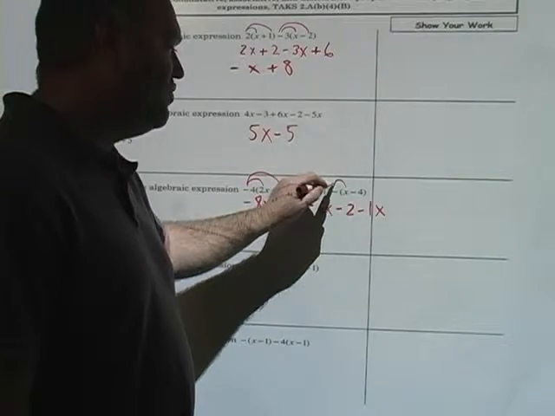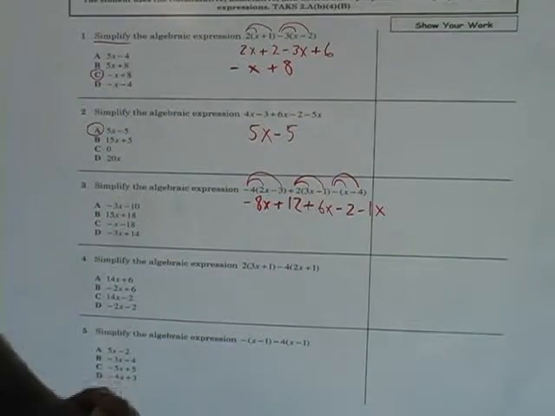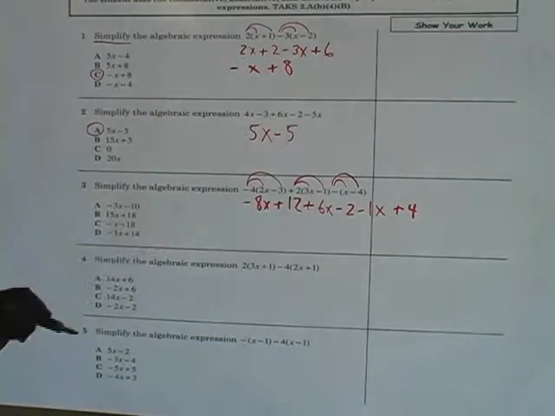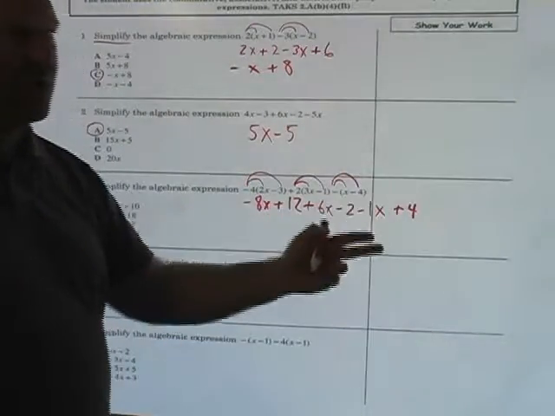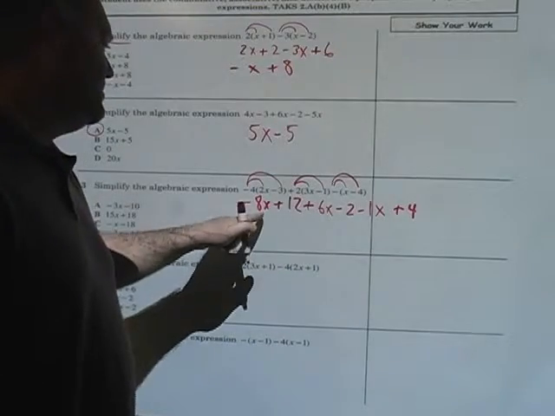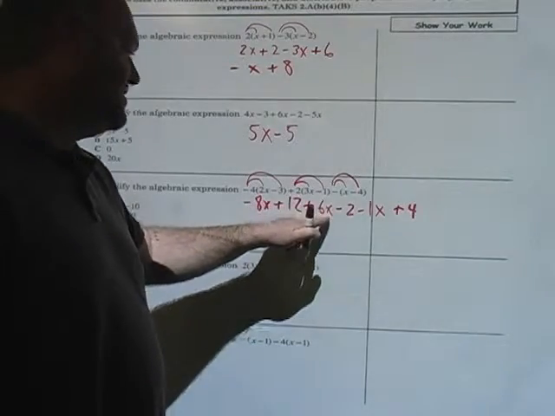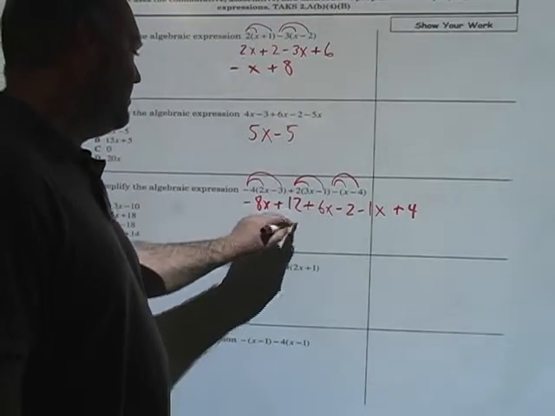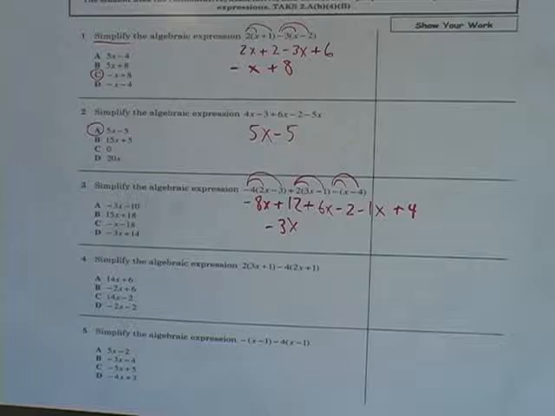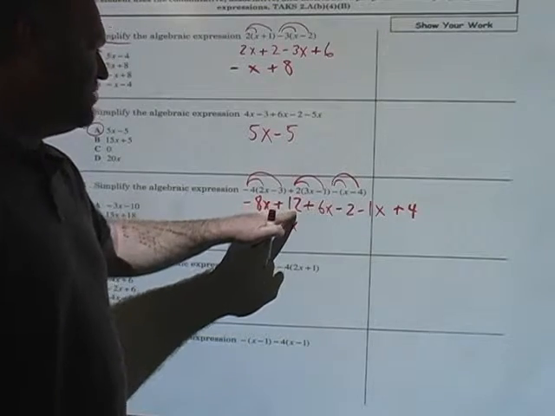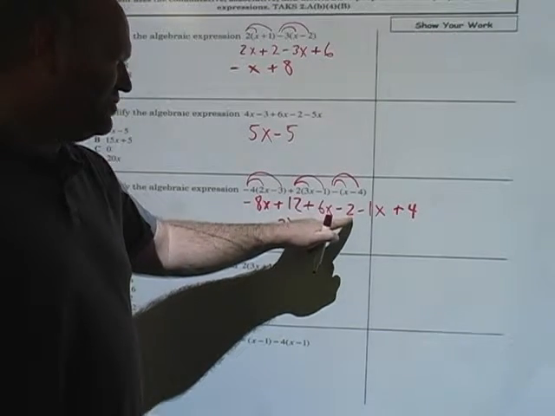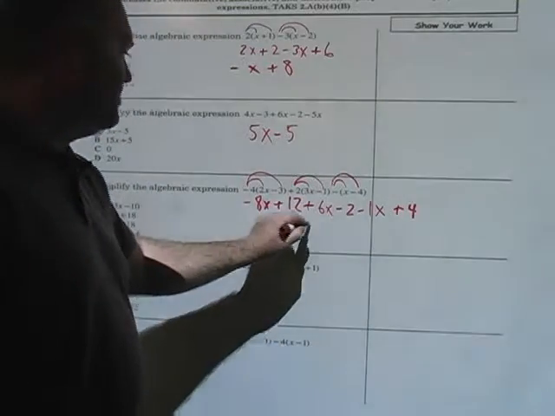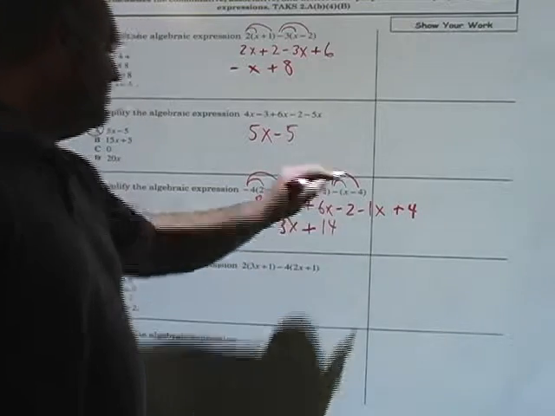And then you got negative 1 times negative 4. And that's a plus 4. And then I want to combine all of these. Negative 8x plus 6x minus 1x is negative 3x. Plus 12 minus 2 plus 4 is a plus 14.